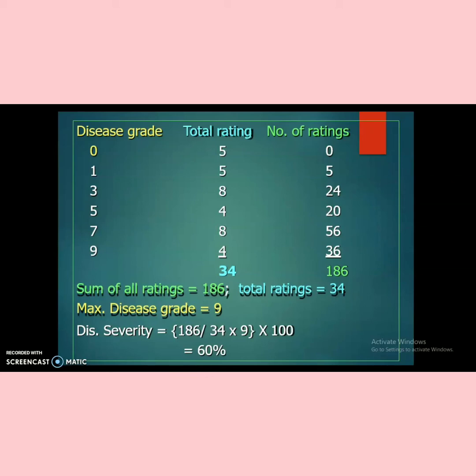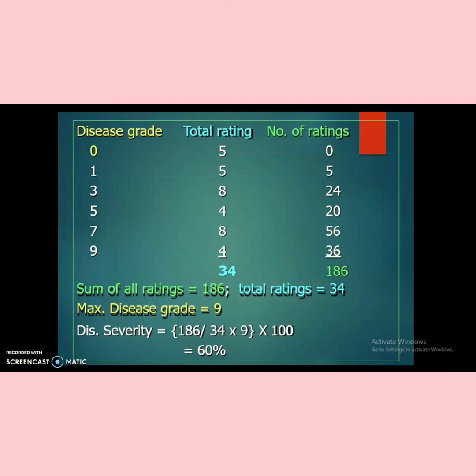It depends upon the total pods or total leaves that are affected, so it depends on the field. On the ninth grade, which is the maximum grade, 4 pods were observed with more than 26% infection. So this total rating is not constant. It depends upon the infection in the field area. Here one example is given, but the total rating is not constant.